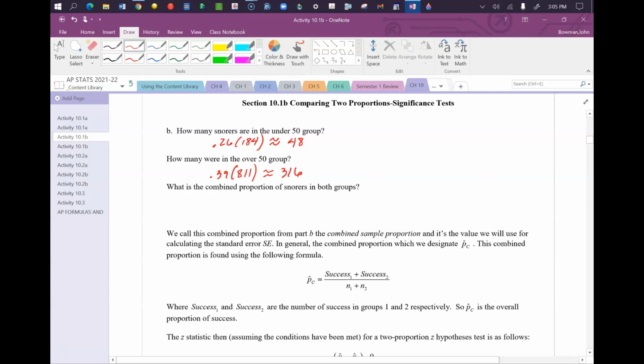Since we are assuming that the null hypothesis is true, it's always our starting point, we are going to find a new measure.